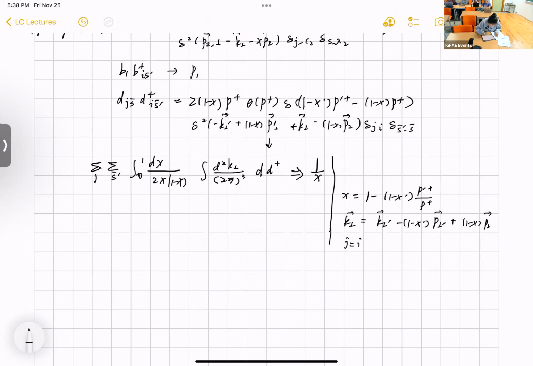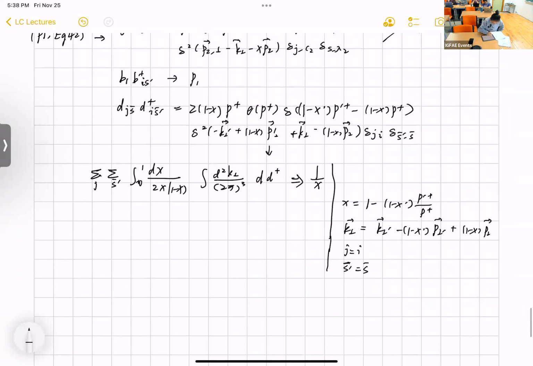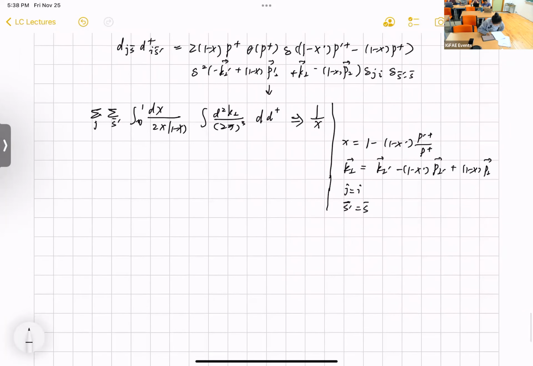And of course, the color and the spin indices should stay the same.